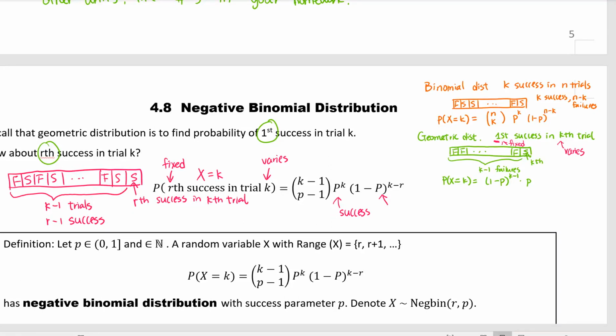The total number of trials is K, and we have R successes, so this is not K, this is R. And how many failures? The total number of trials is K and we have R successes, so we have K minus R failures. So this is the formula for the negative binomial distribution. Okay, so the definition.